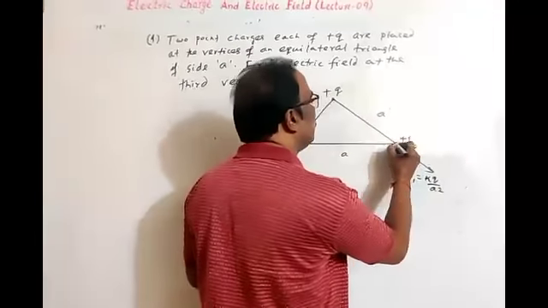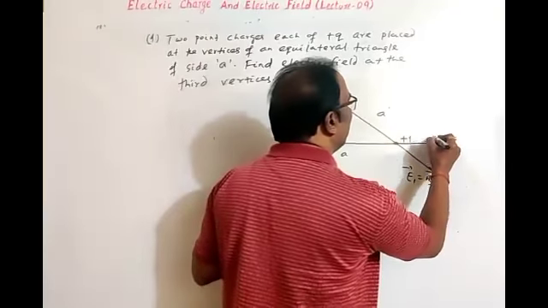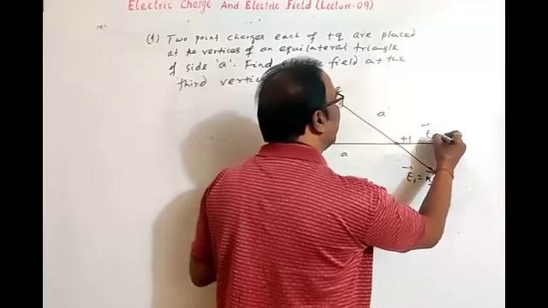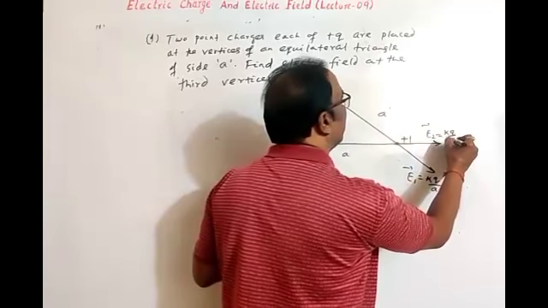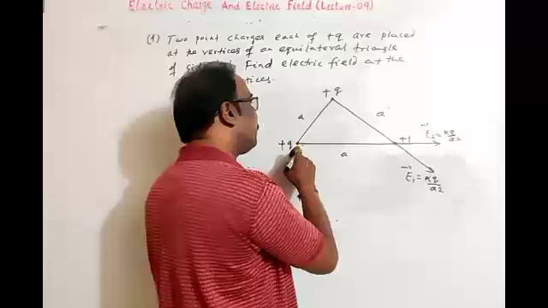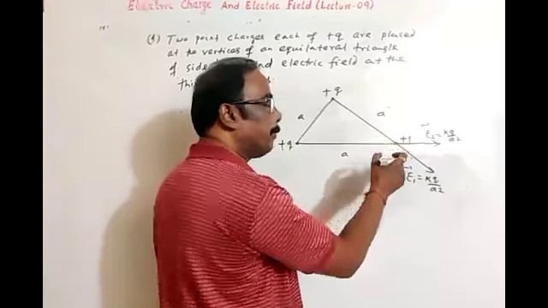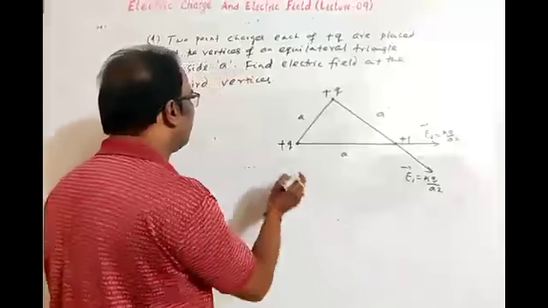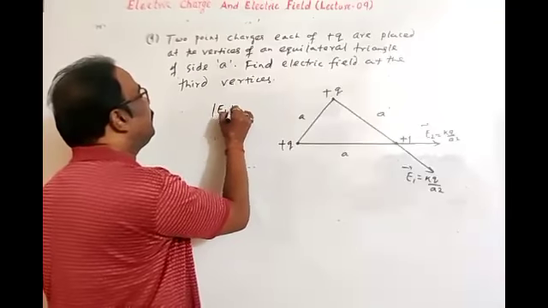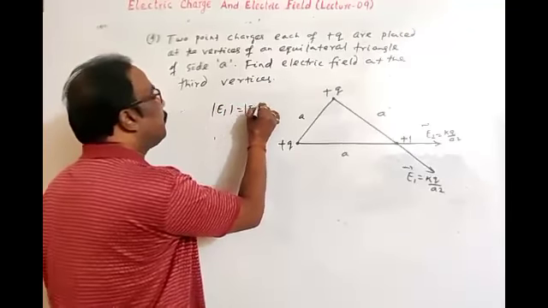This plus q will also repel it. Let the intensity be E2. Again the magnitude is kq divided by the square of the distance. Magnitude of charges are the same, and the distance from the charges to this point is also the same. So the magnitude of E1 is equal to the magnitude of E2.